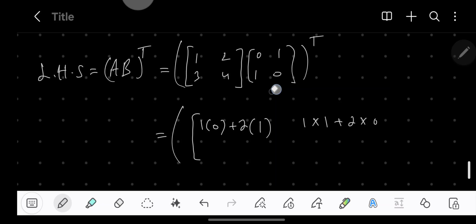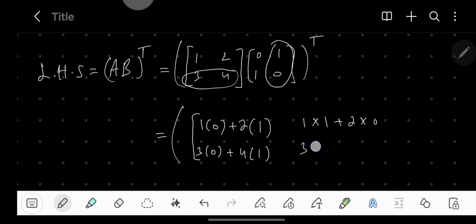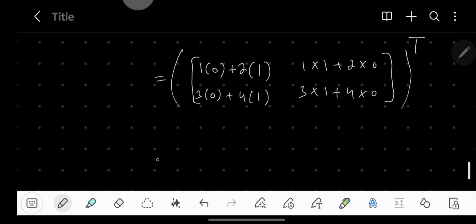And then we will go to the second row and the first column, which is 3 times 0 plus 4 times 1. And then the second row with the second column, which is 3 times 1 plus 4 times 0. And then the transpose is as it is.